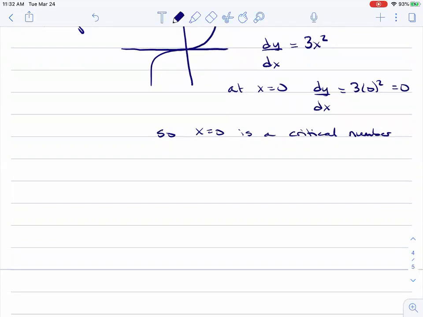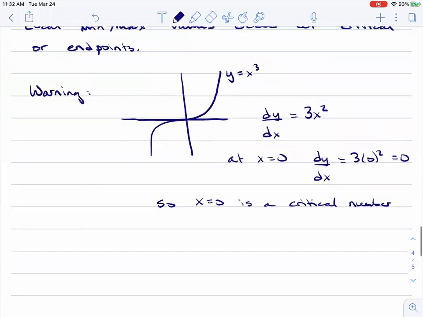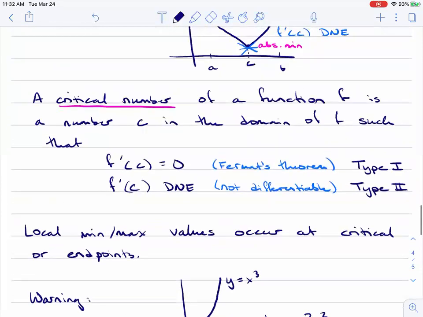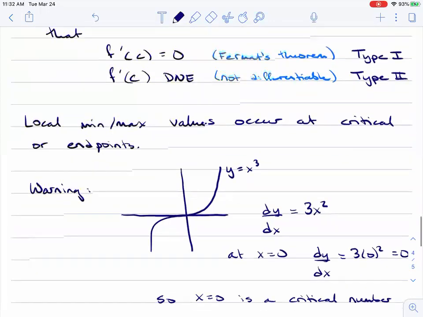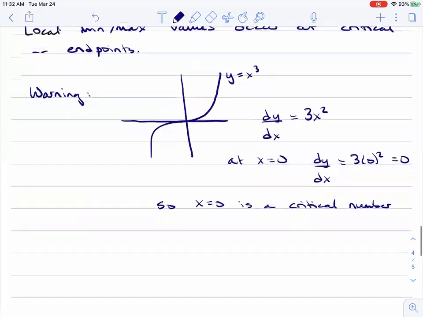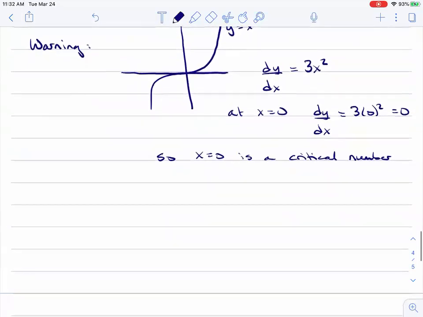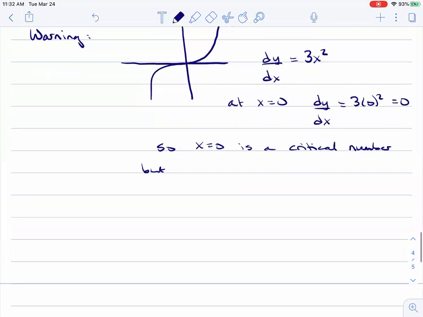which maybe I should put up where I defined it, but usually for critical numbers we'll just write Cn. So x equals 0 is a critical number, but there's no local min or max.